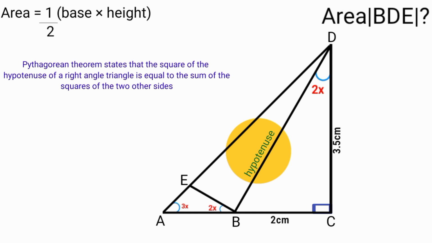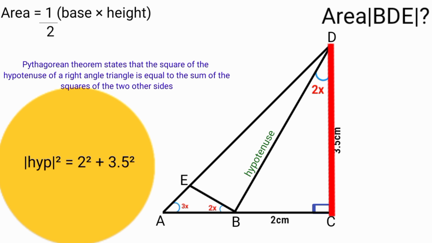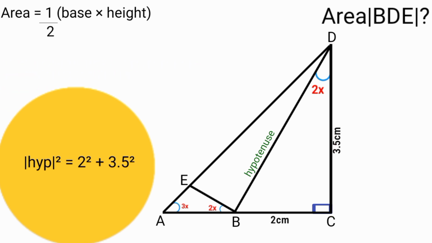So using the Pythagorean theorem, hypotenuse squared equals 2 squared plus 3.5 squared. 2 squared is 4, 3.5 squared is 12.25, 4 plus 12.25 is 16.25. So hypotenuse squared equals 16.25.